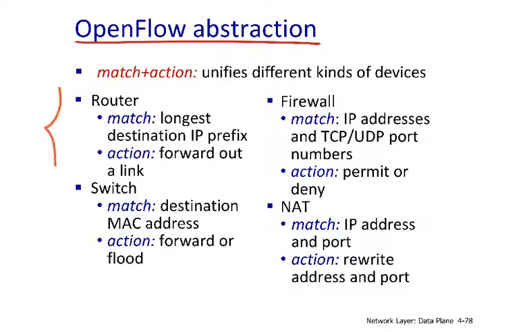For example, to act like a router, the normal destination IP routing, the match is the longest destination IP prefix and forward the packet. We can do the same at layer 2, with destination MAC addresses, we can forward or flood, which means sending the packets through all the ports except the one that was received from the previous hop.